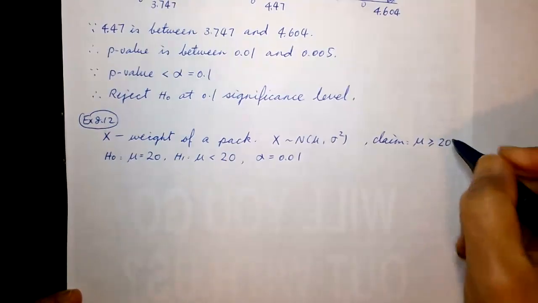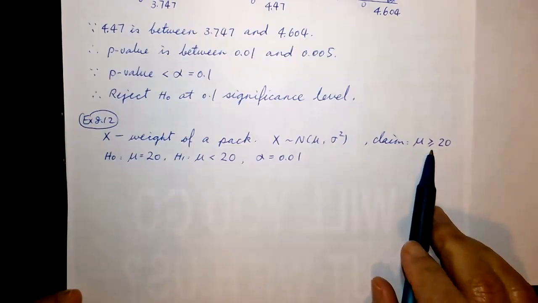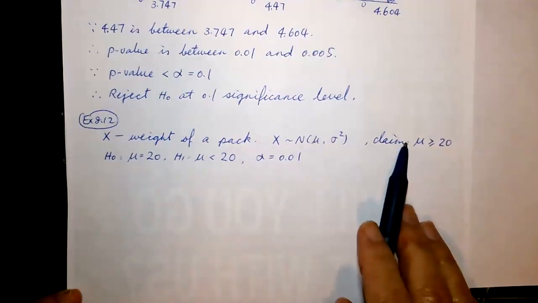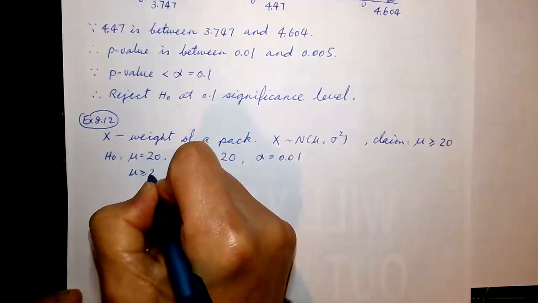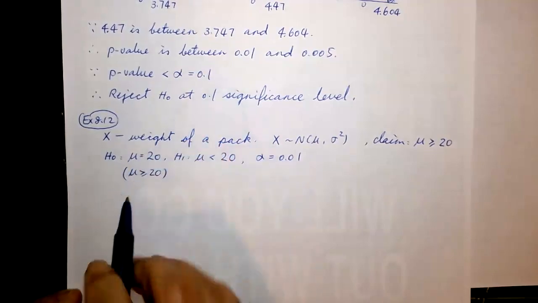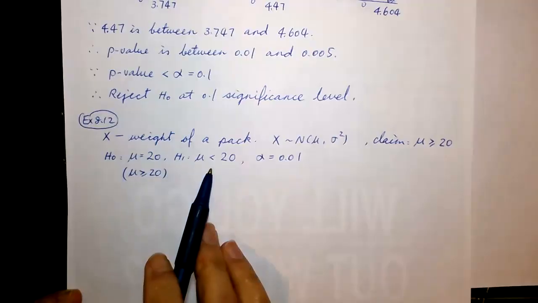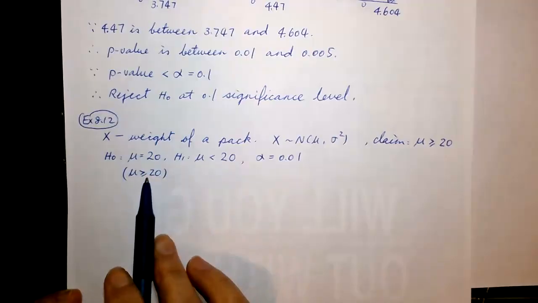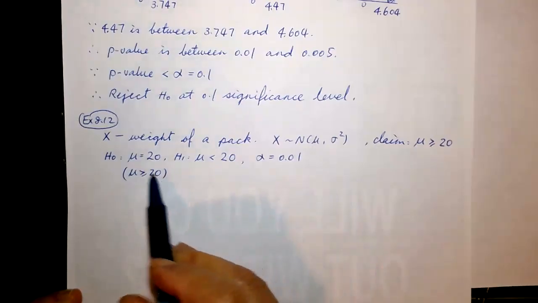right? This is the sign for at least. This is the claim. Whenever we see this equal, it goes to H0. So this whole thing goes to H0. The complement of this goes to H1, right? Now you see the perfect match.